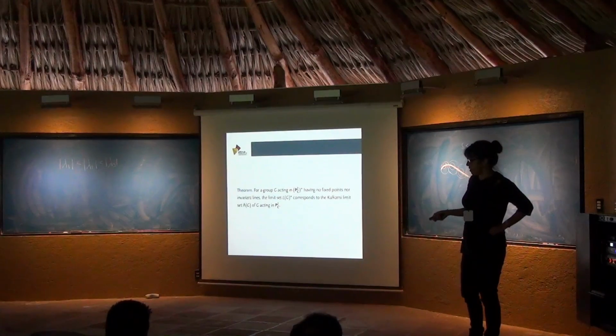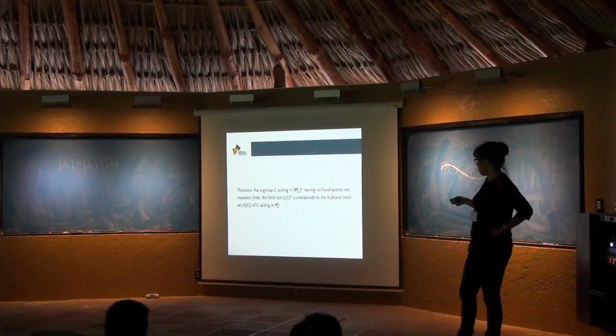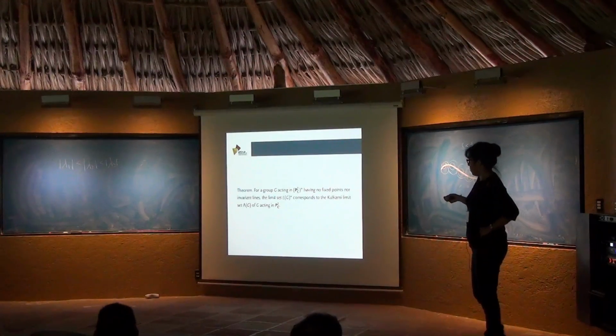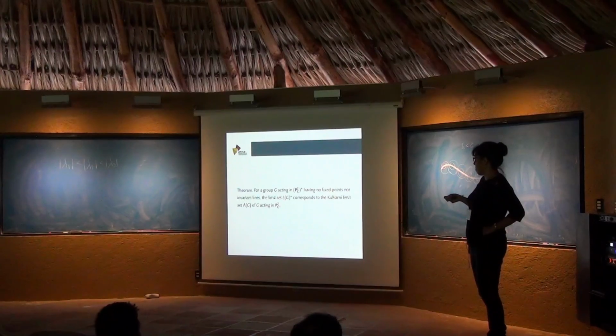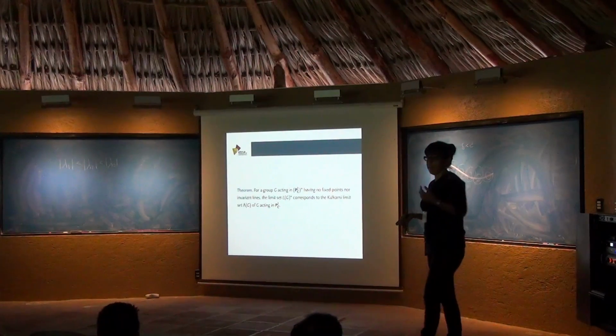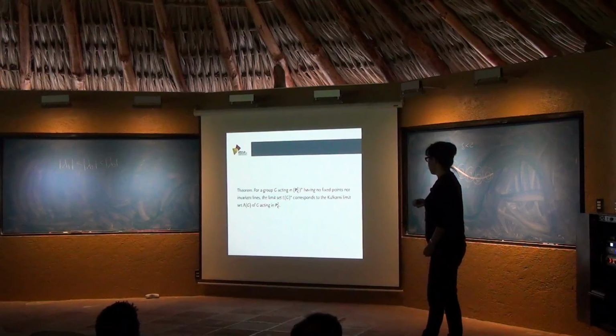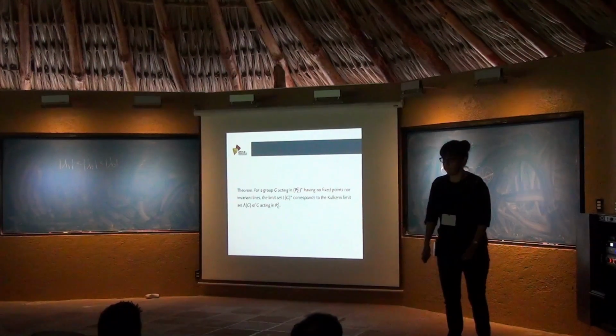Another result is that for a group G acting in the dual space of the complex projective plane, having no fixed points nor invariant lines, the limit set, the dual of the Conze-Guivarc'h limit set, corresponds to the Kulkarni limit set of G acting in P2C.